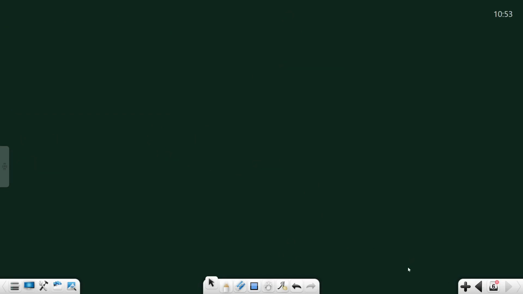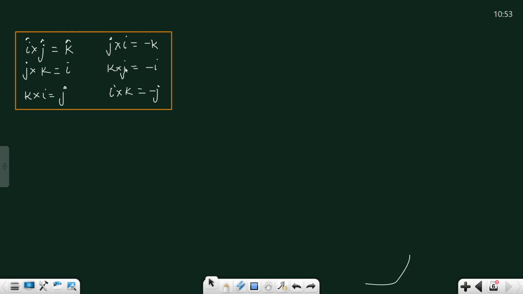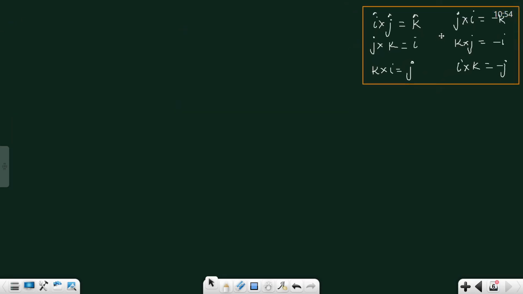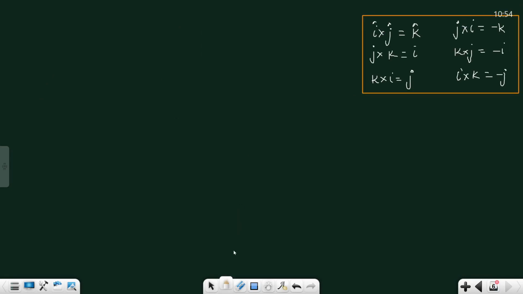So we are taking two vectors. The first question: A vector is i minus 2j plus k. B vector is 2i minus j plus 3k. Put the cap on each unit vector.